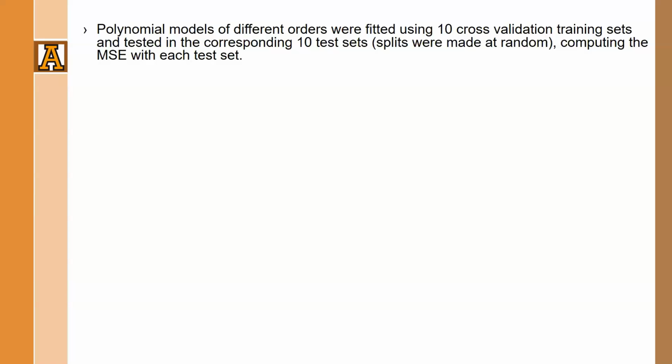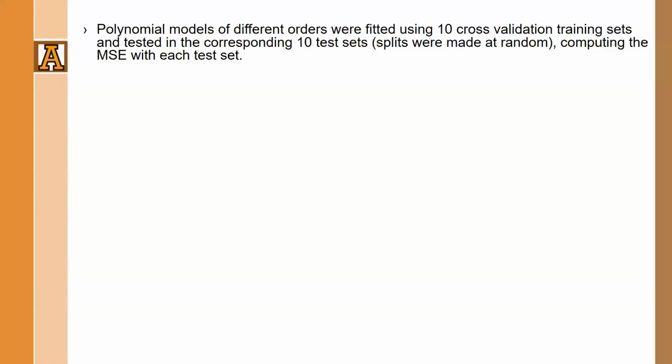What we did here is fit polynomial models of different orders: order 1, order 2, order 3, and so on, and fitted the models 10 times with different random seeds, separating the set into a training set and a validation set. For each of these 10 times that we fitted the model, the mean square error was computed.